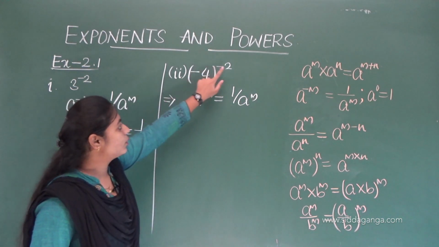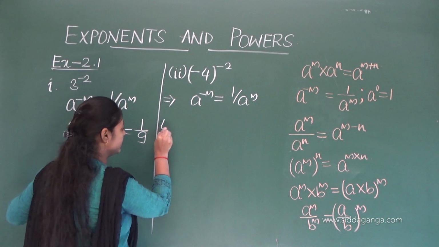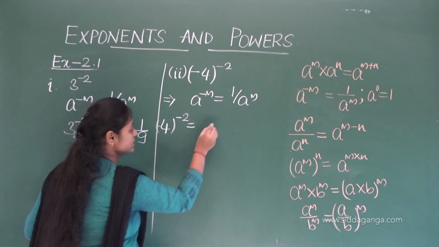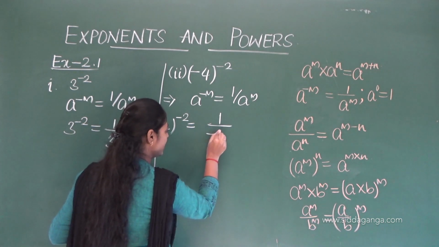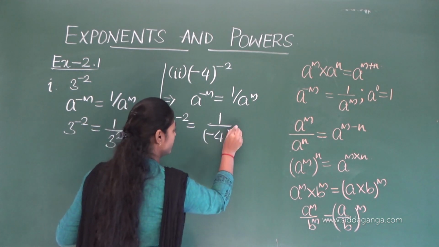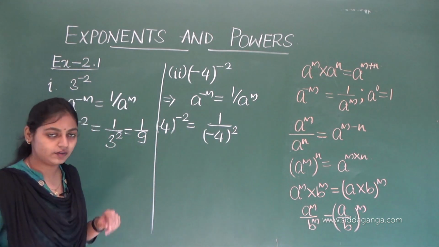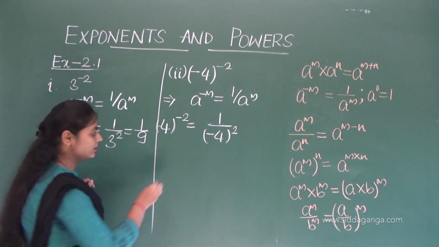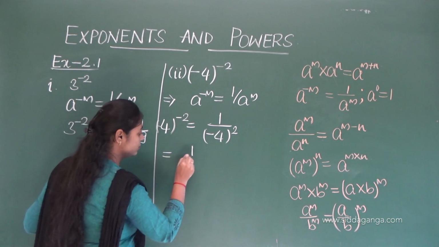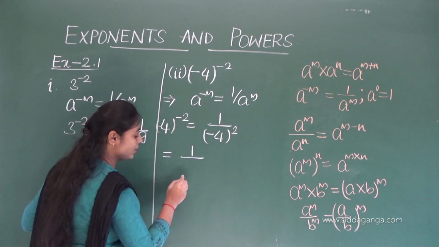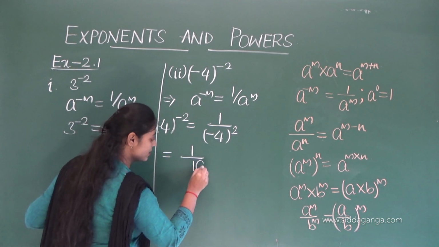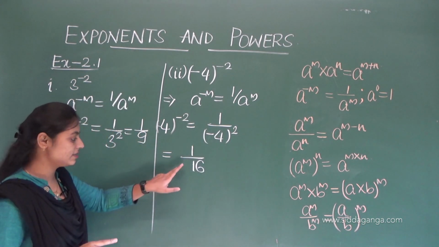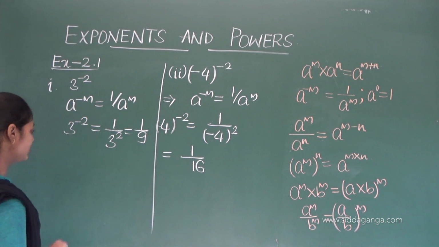So, minus 4 whole to the power of minus 2 is equal to 1 divided by minus 4 whole square, or raised to the power of 2. The exponent's sign changes. So, that is equal to 1 divided by minus 4 whole square. 4 square is 16. When we multiply minus 4 two times, minus into minus is plus 16, that is 1 by 16.